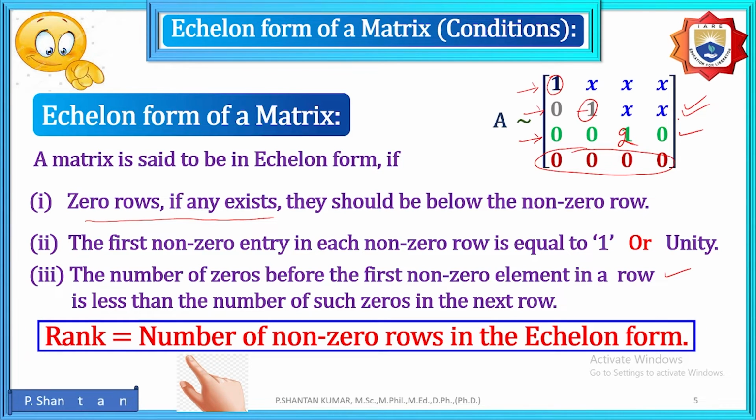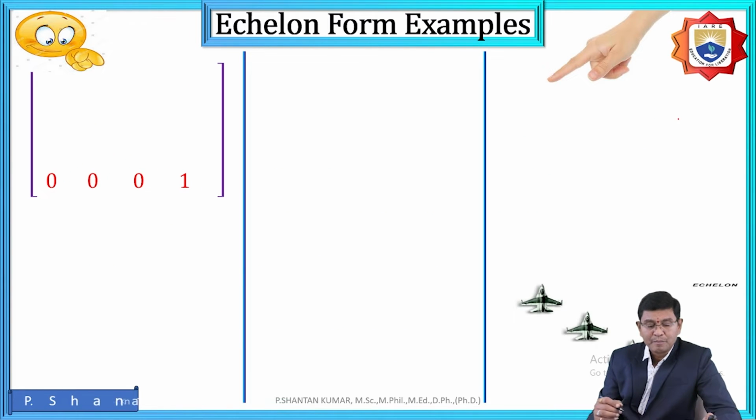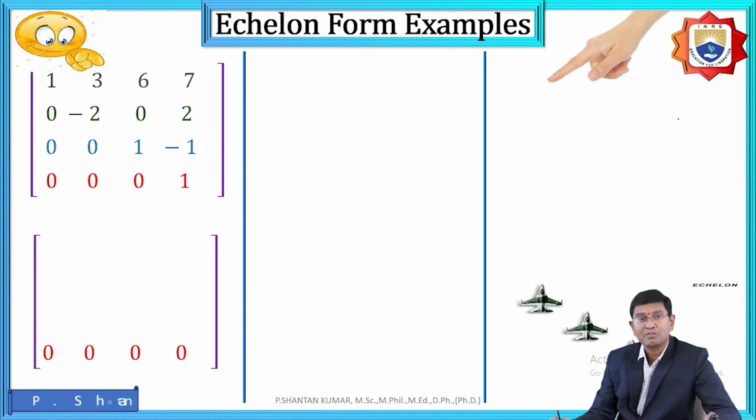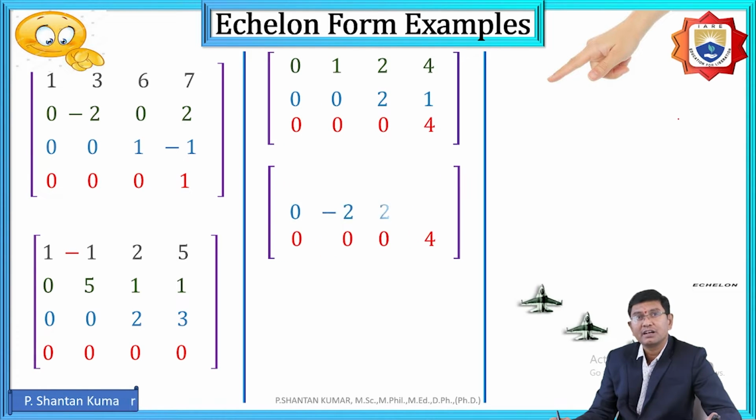And based upon this, we need to identify some examples. We assume these are some examples of the echelon form of a matrix. For example, the first matrix is 4 by 4, and the second matrix is also 4 by 4. The third one is 3 by 4, and again the other one is 3 by 4.